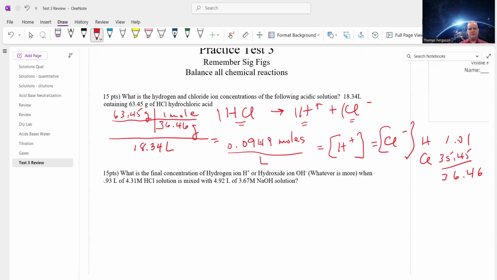So strong acids are much simpler than weak acids. However, you will see that in 1A and 1B. I think weak acids are covered in 1B. Okay, any questions about this? Does this make sense?